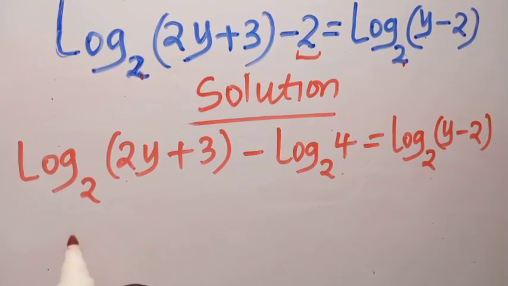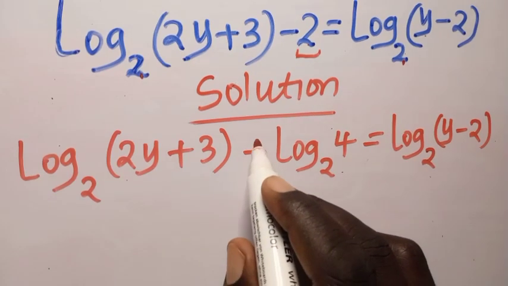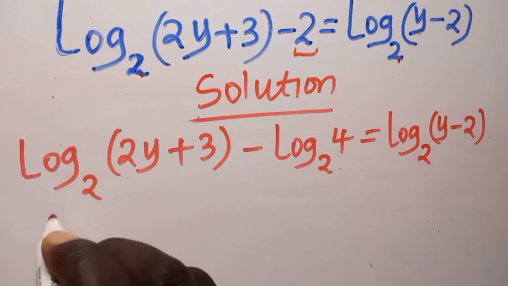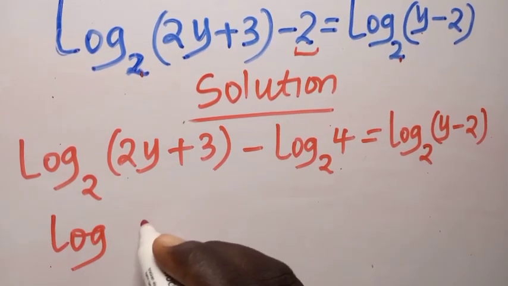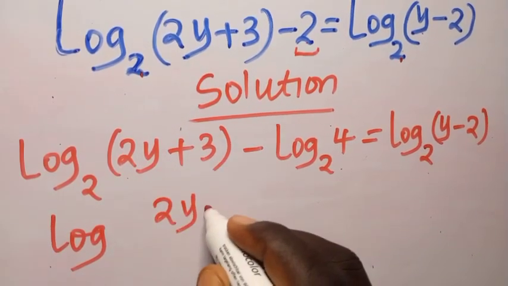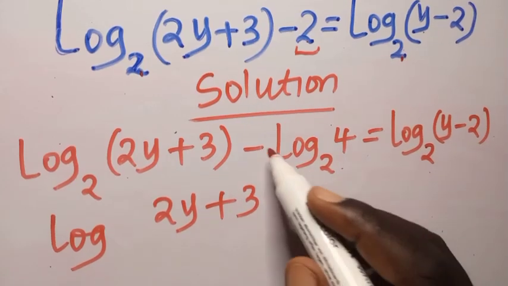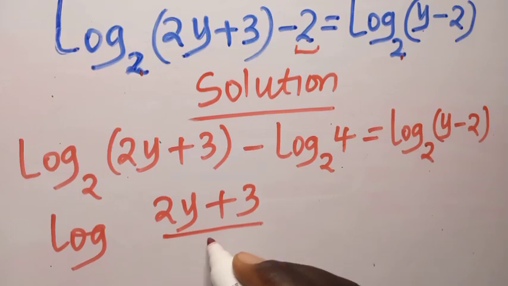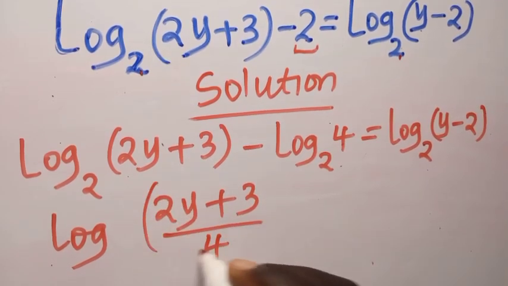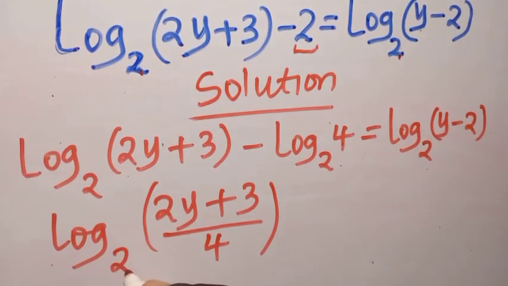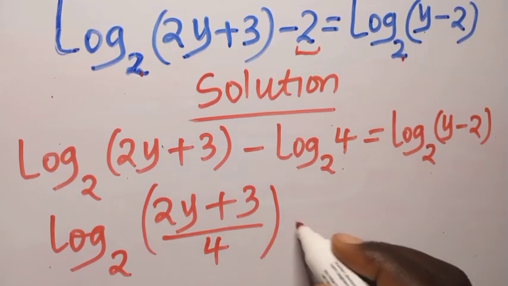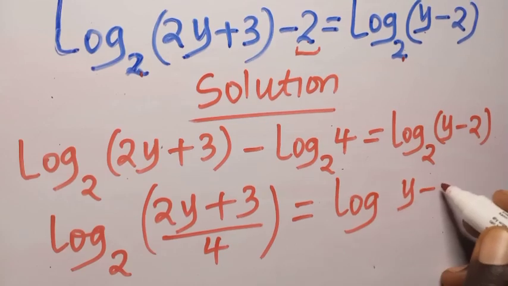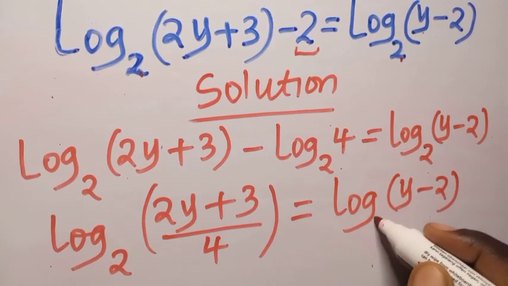And therefore, we shall combine it by saying that the logarithm of (2y + 3) divided by 4, because they share a base of 2, equals the logarithm of (y - 2) to base 2.